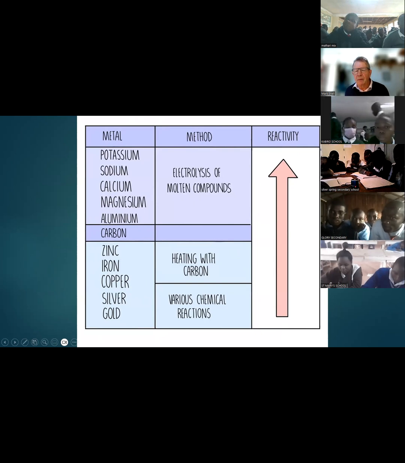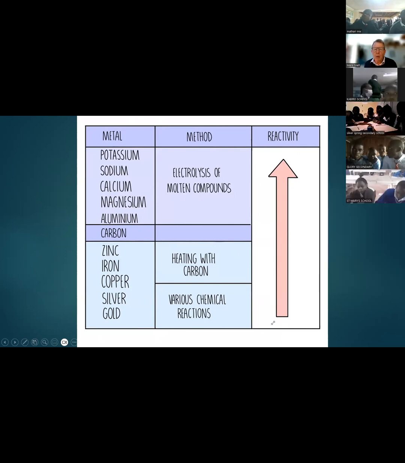Okay, so if you didn't know that, it might be worth writing it down, but do put hydrogen just above copper. The next column shows how we extract the metals, and these top 5 here are all extracted by electrolysis. We will come across industrial electrolysis next time.